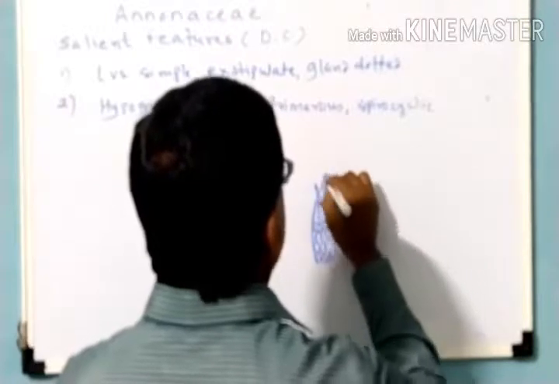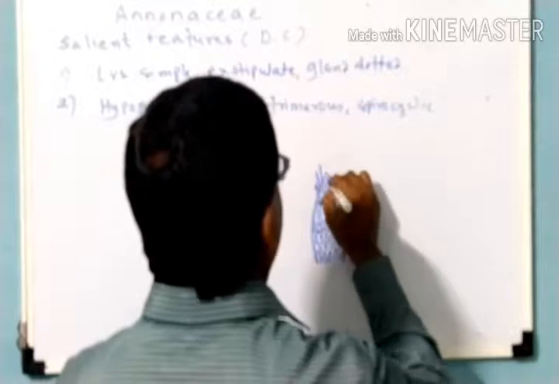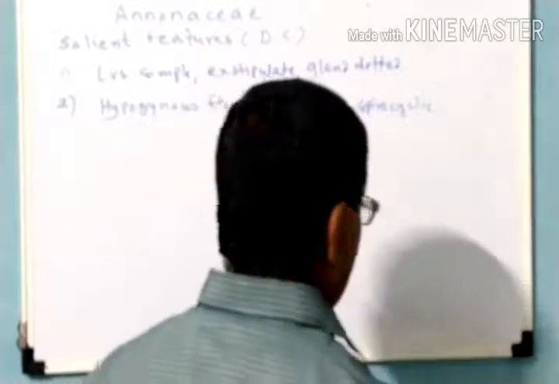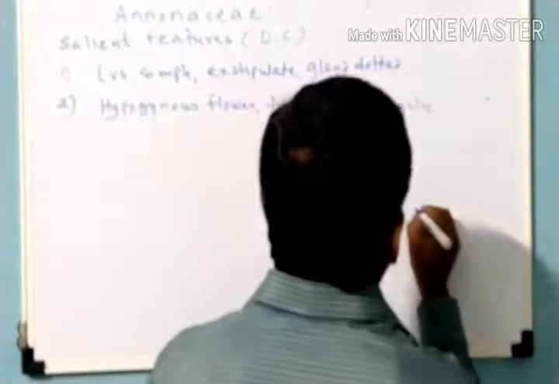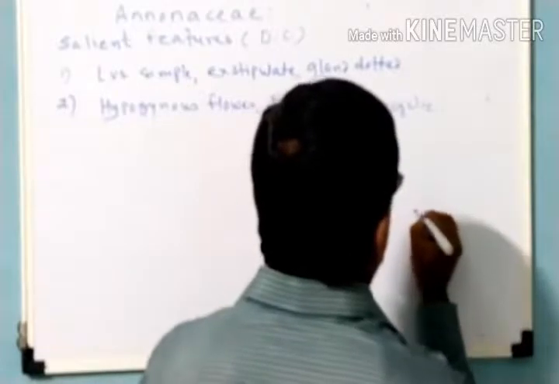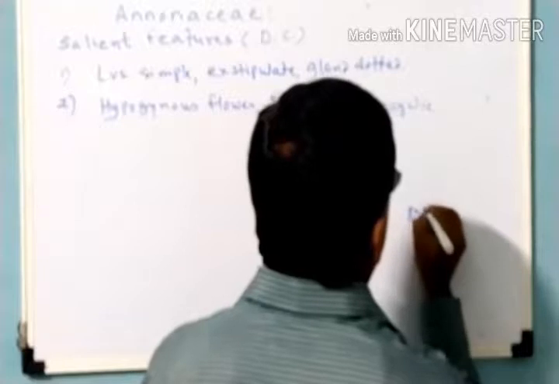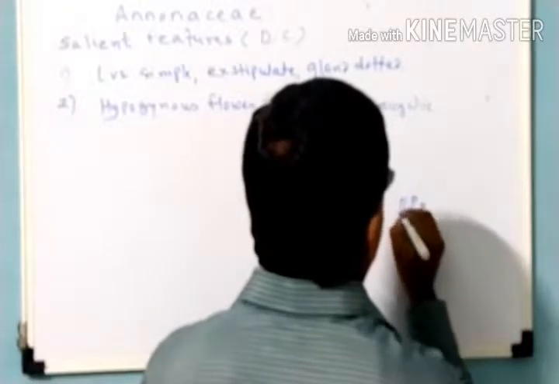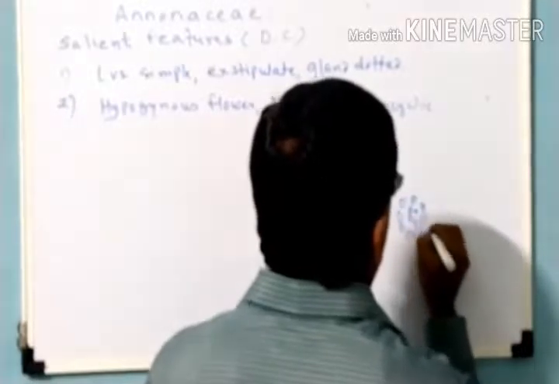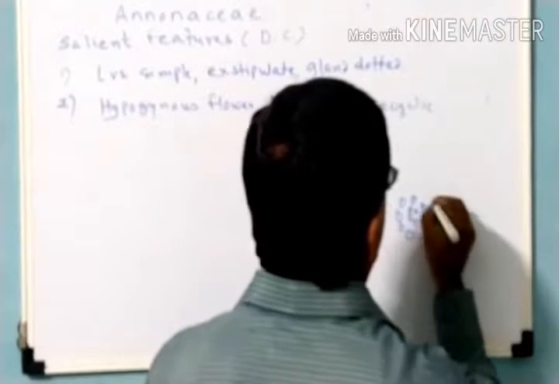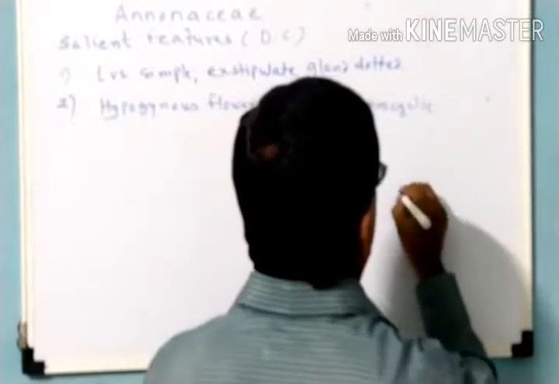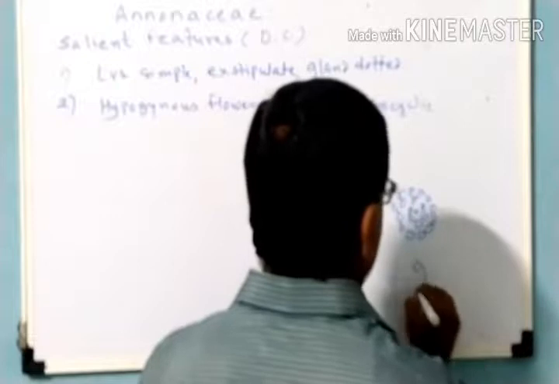This arrangement of stamens and carpels is called spirocyclic. Spirocyclic means they are present like this. You can see, this is a spirocyclic arrangement.